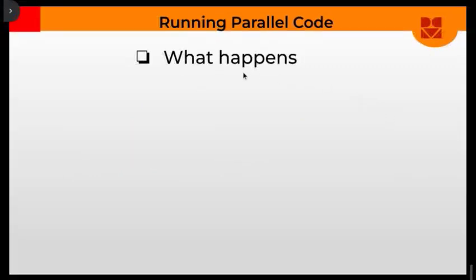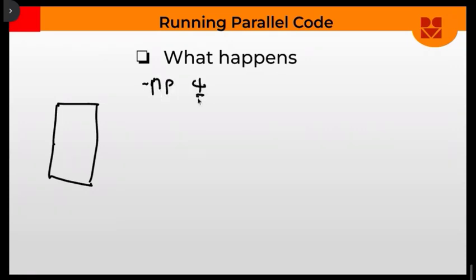So, talking about what happens when we run the parallel code. Let's say we have our parallel code and we set the number of processes to be 4. What happens is that 4 instances of this code are created.